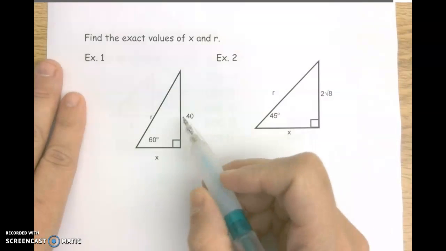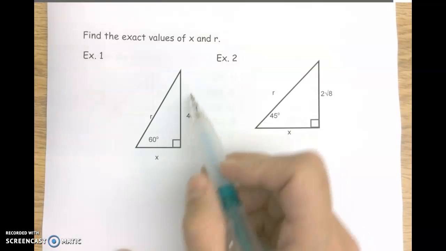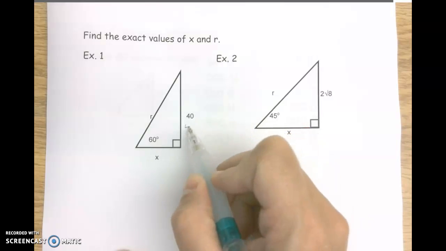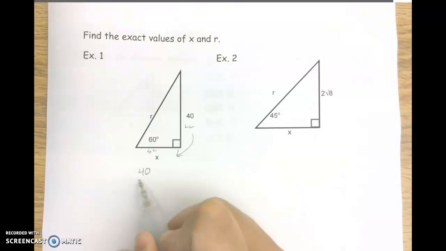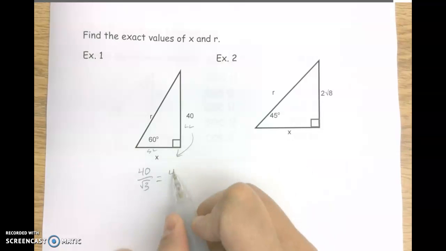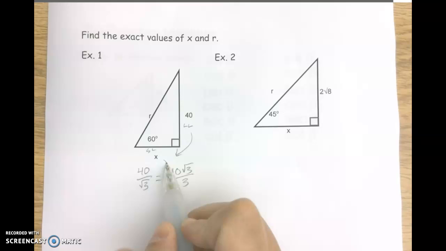Yesterday we left off with looking at some special right triangles, so I just want to recap that. Remember in a 30, 60, 90, going from a long leg to a short leg, I'm going to divide by the square root of 3. But I cannot leave it that way, so that becomes 40 square roots of 3 over 3. So that's x.